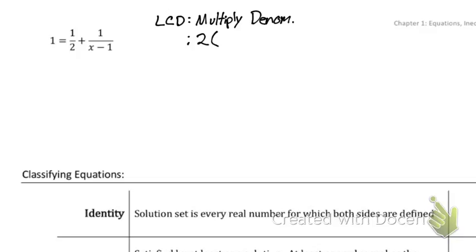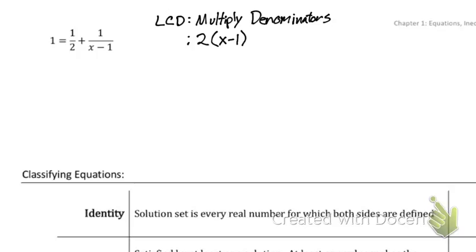I'm zoomed way in. So we're going to multiply all denominators. In this case, we only have a 2 and an x minus 1, so we're just going to stick with 2 times x minus 1.